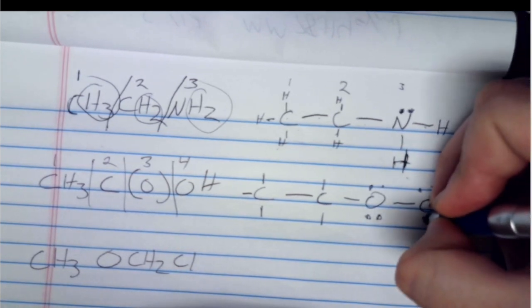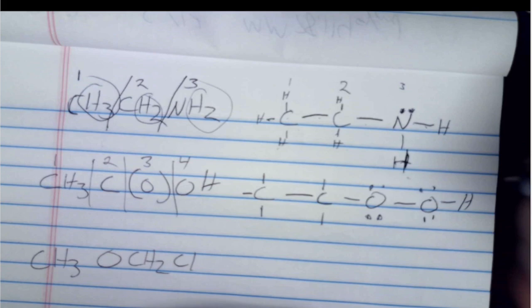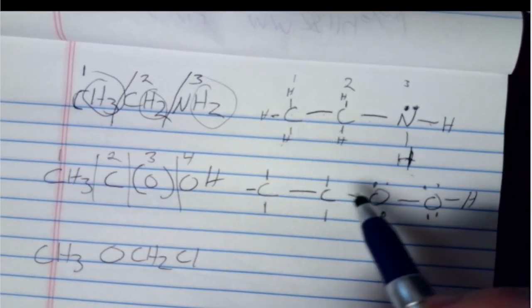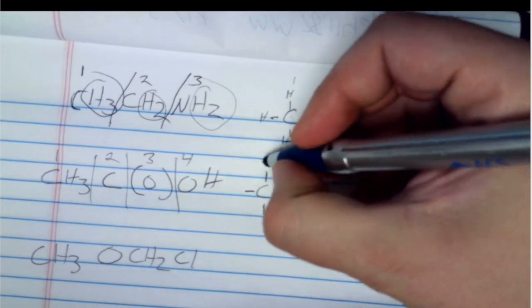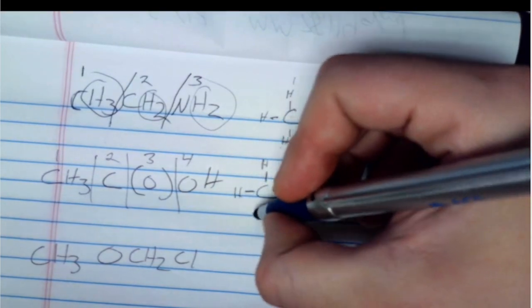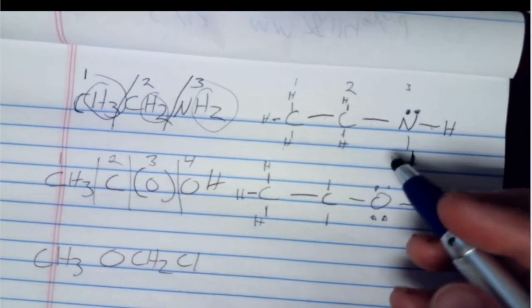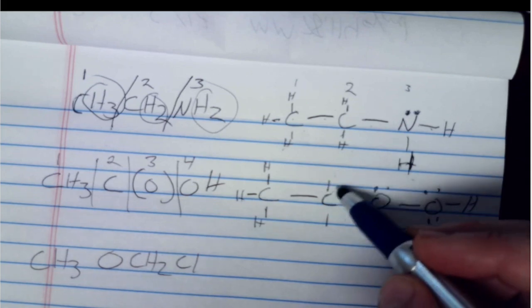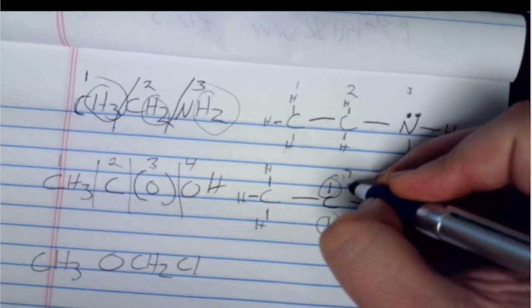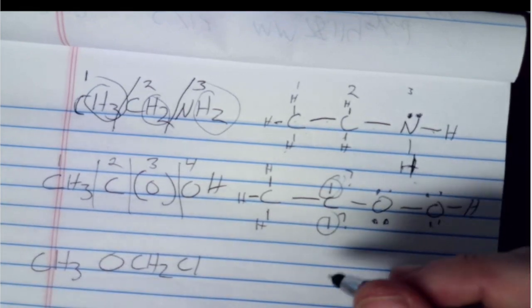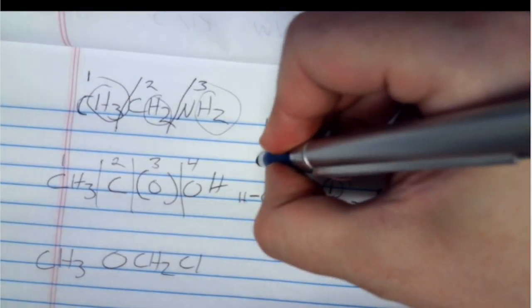So if I draw it like this, we run into a direct problem. We have 3 hydrogens left, and that goes here. Our problem is, what about these lines? So this structure is wrong.